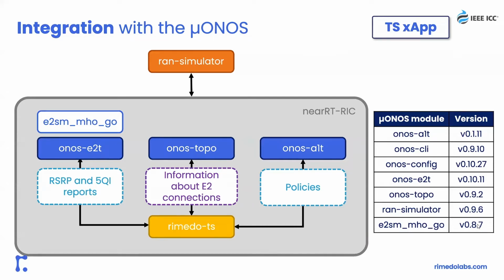On the right side, we have also a table of which minimal versions of different modules or components are needed to launch our traffic steering xApp. The same data you can find on the GitHub repository, and all instructions how to deploy everything in your environment.